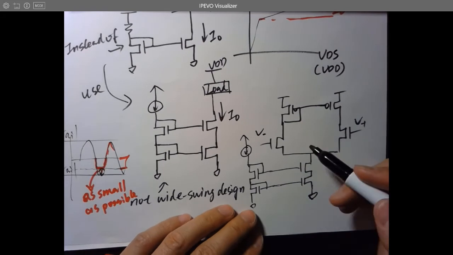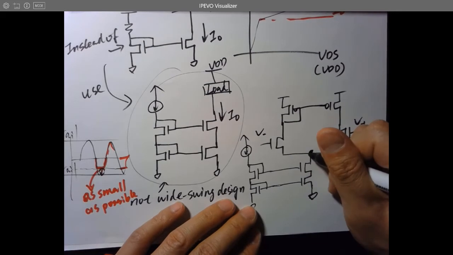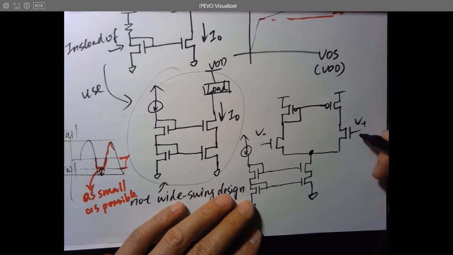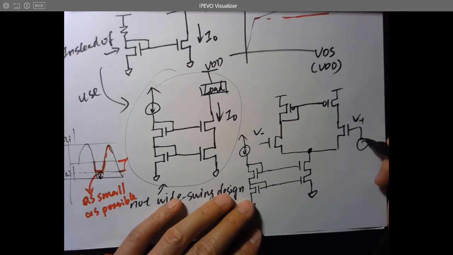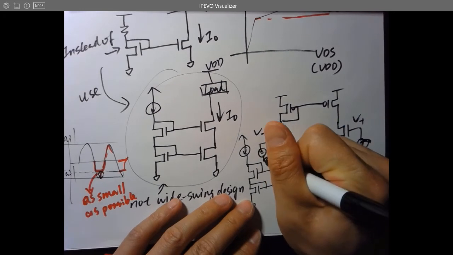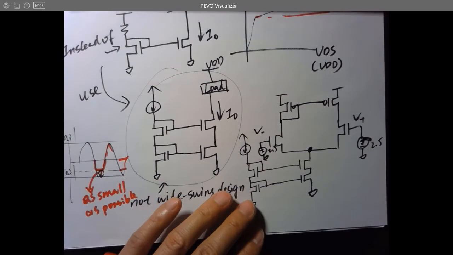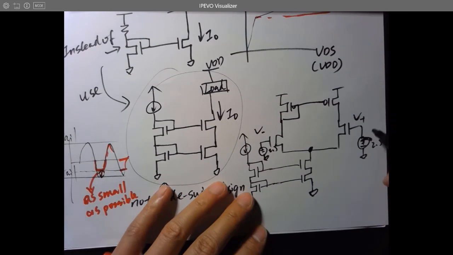So the problem is, if you have this structure, the voltage over here, remember you have 2.5 volts to provide a DC offset to your AC signal, remember? You have this 2.5 volts, for example, DC. But however, this is VG, right?